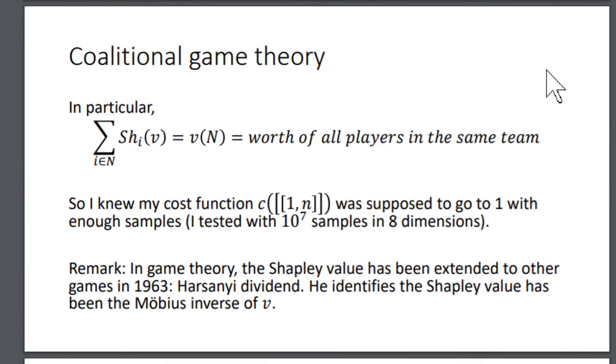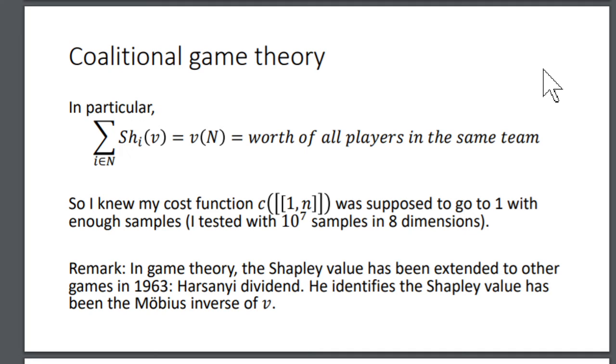In particular, game theory shows that the sum of the Shapley values of all the players, so the Shapley value of player 1, of player 2, of player 3, etc., goes to V(N), the worth of all players in the same team.